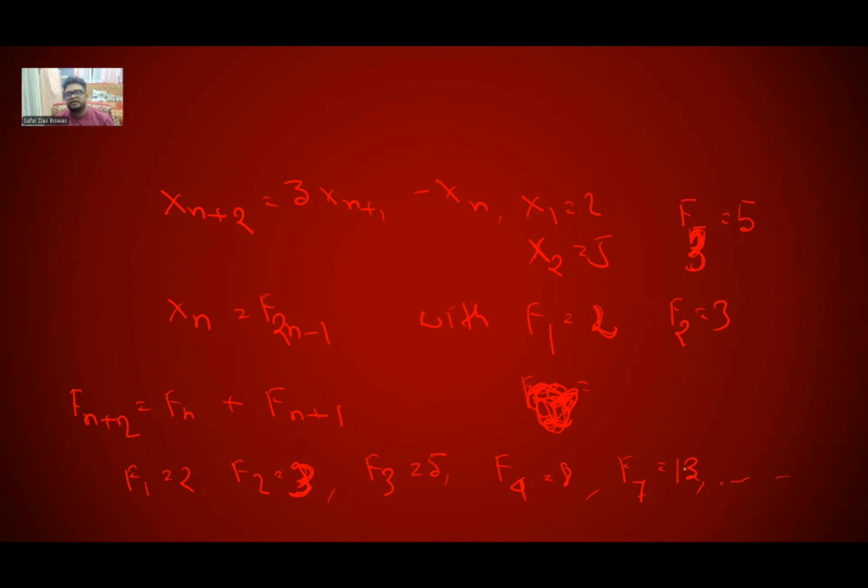So that's it. We have found that xn equals this, where the first term of the Fibonacci sequence is 2, the second term is 3, and so on. So we have solved the problem.